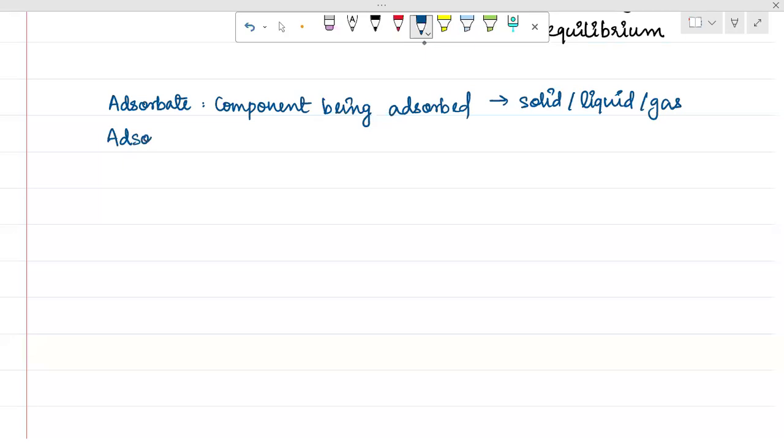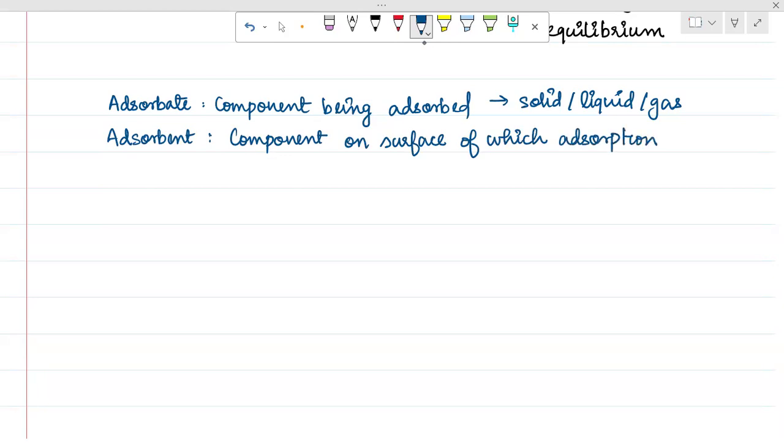Next one is adsorbent. Adsorbent is the component on the surface of which adsorption takes place. This can be solid or liquid.